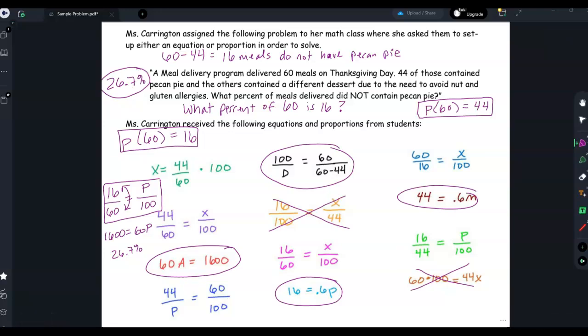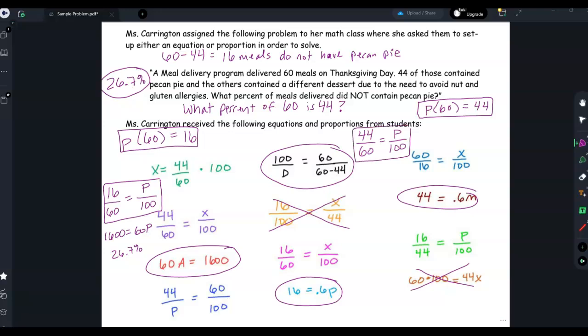So instead of doing what percent of 60 is 16, they're doing what percent of 60 is 44, what percent actually is pecan pie. So if I were to set that up with a proportion, it would look the same as what I've written over here, except instead of 16, I'll use 44. So 44 would be the is part out of 60 meals, and then I'm trying to find the percent out of 100. So this would be another correct way to set it up.